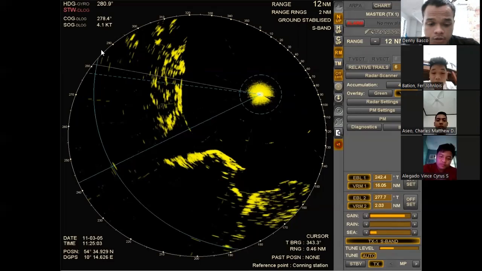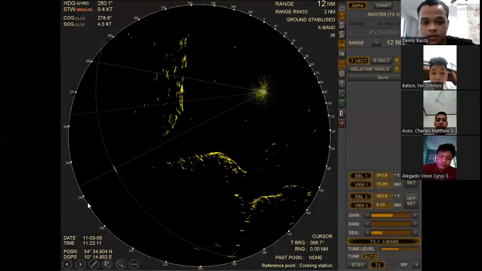From our presentation, this is an example of a radar, which is an S-band, north up. The north up is turned on, relative motion, and it has an overlay, which is yellow. Next is an example of an X-band radar.